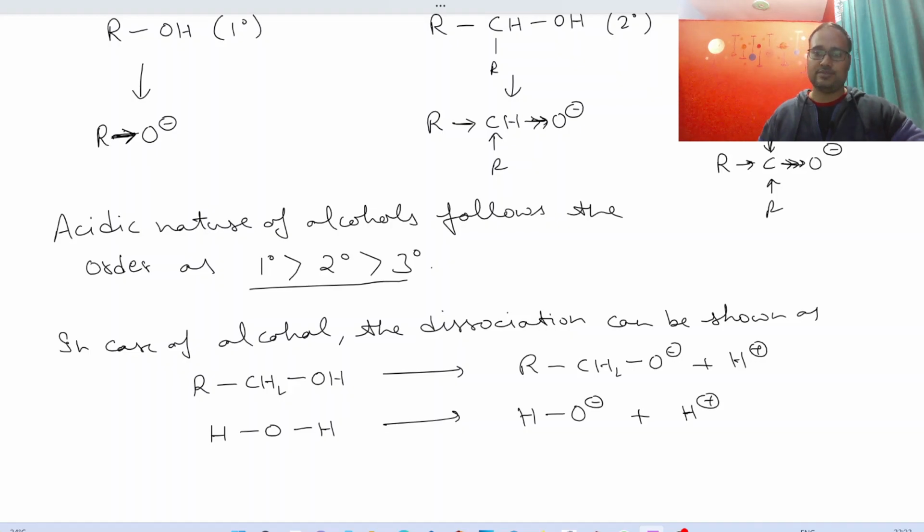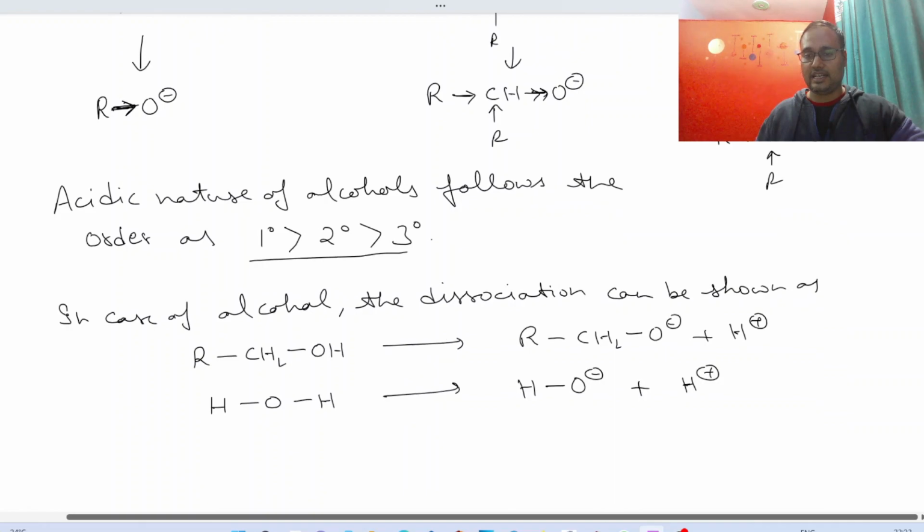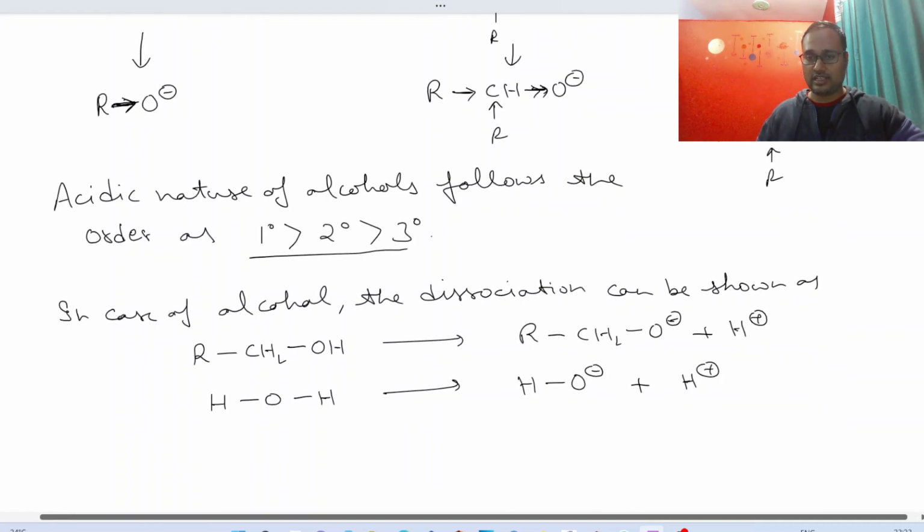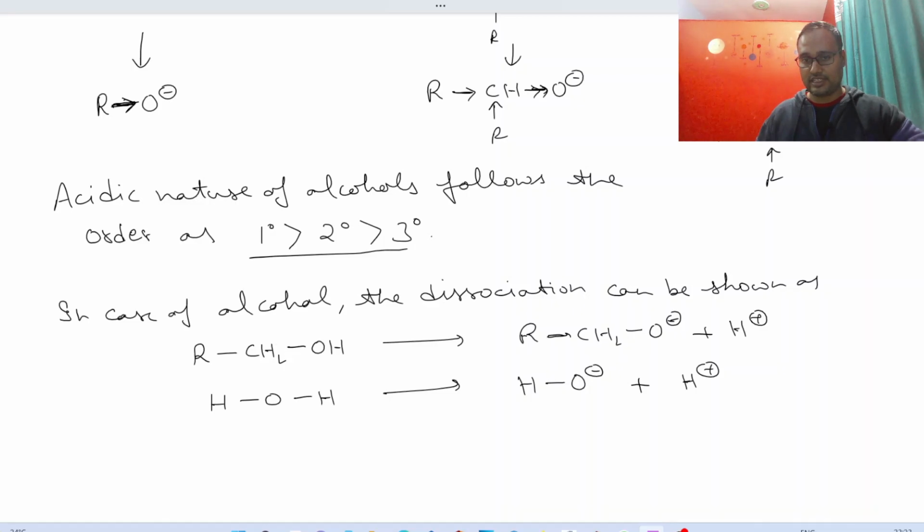As we can see, in the alkoxide ion, the oxygen atom is attached to an alkyl group, which is electron donating, which increases the electron density on the oxygen atom, making it less stable. But hydrogen doesn't have any excess electron density, so it doesn't provide any excess electron density to this oxygen atom, making it more stable.